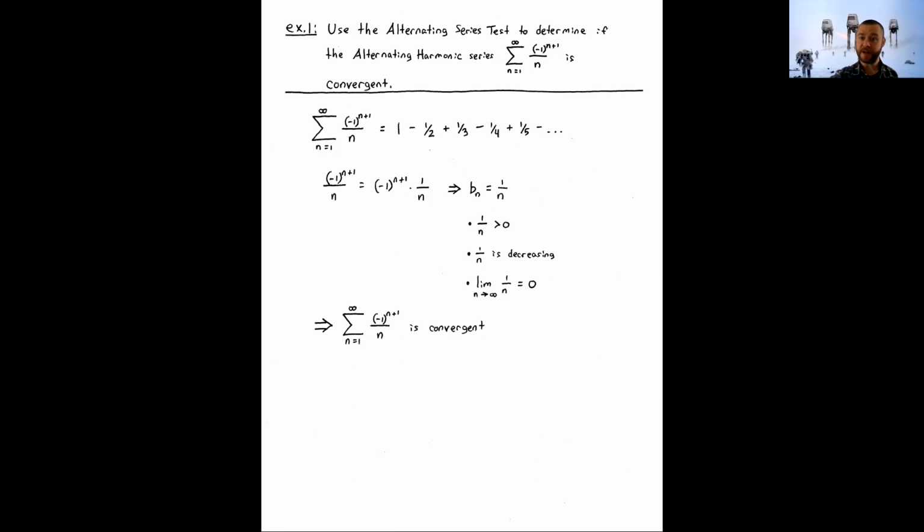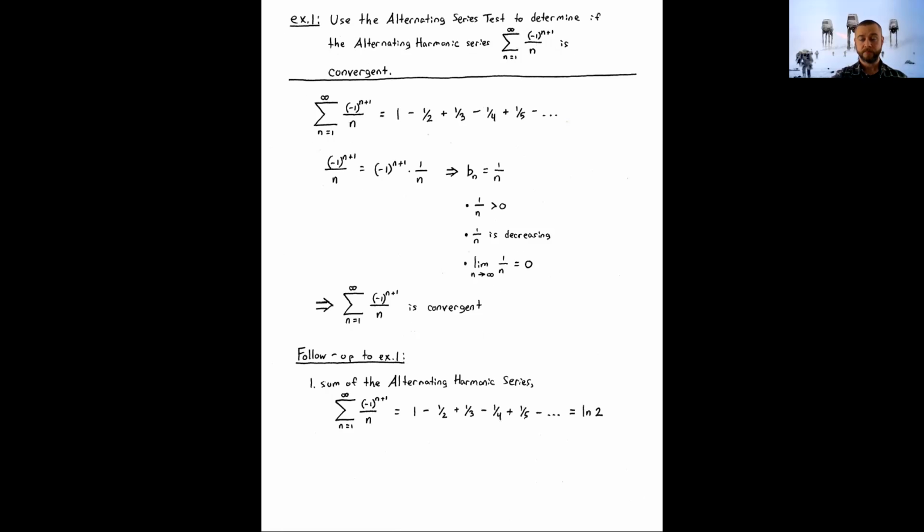Really quick, really nice and simple to apply, and there are some interesting follow-ups we can give referring to the alternating harmonic series. Now, this is going to play a role in some things we'll be getting to later. One of the interesting things about the alternating harmonic series is that there is a known sum for it.